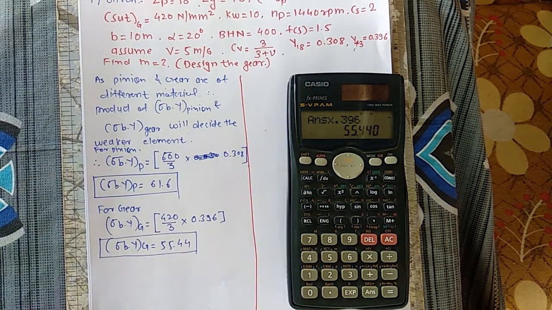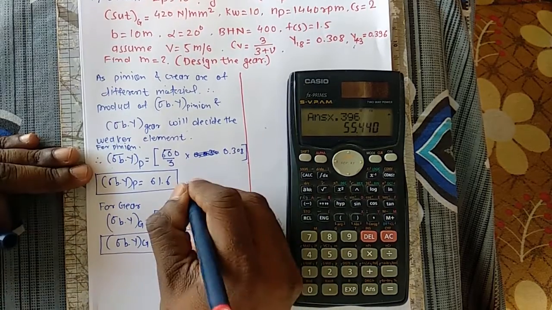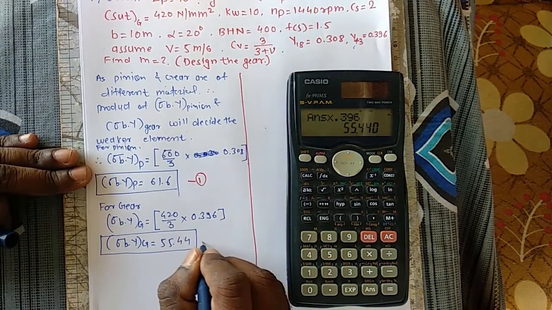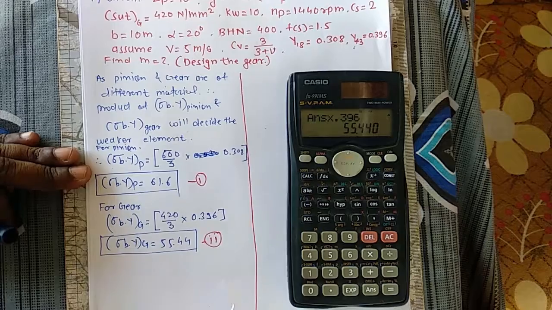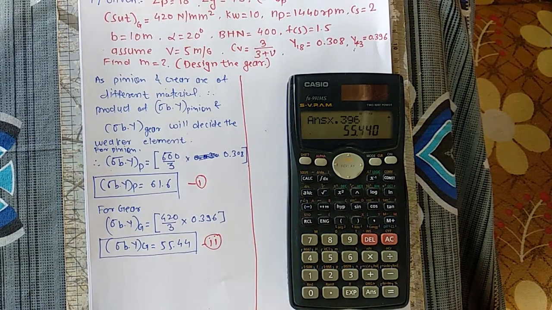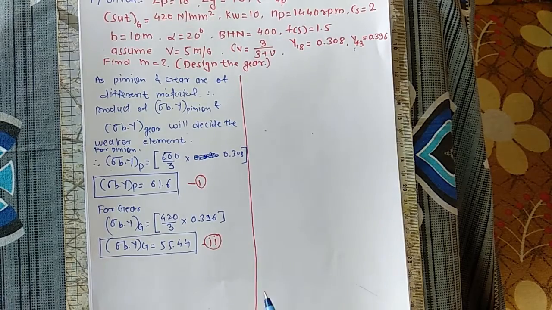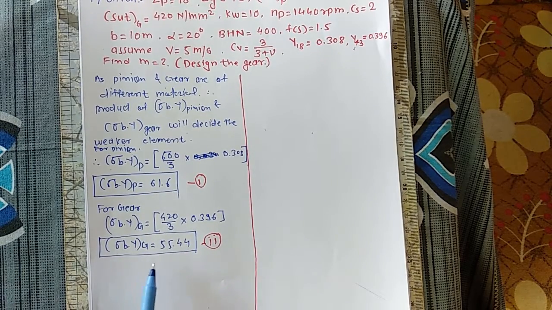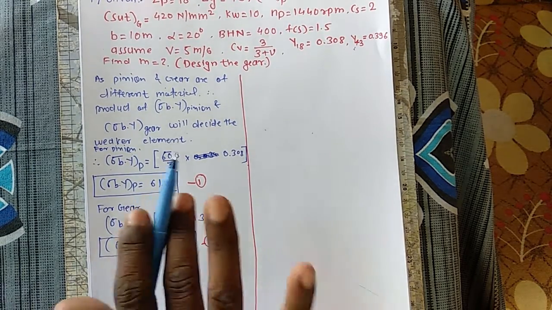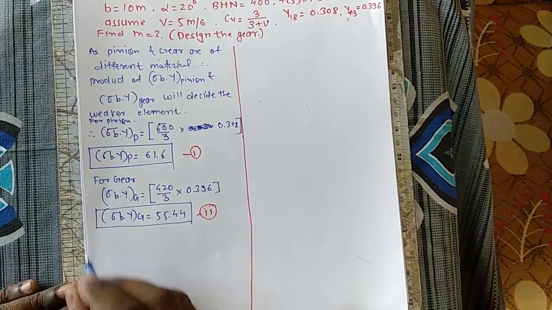Okay. So I will say this as 1 and this as 2. If I compare 1 and 2, I can say that here the product of sigma B into Y for gear is less, therefore gear is the weaker element.